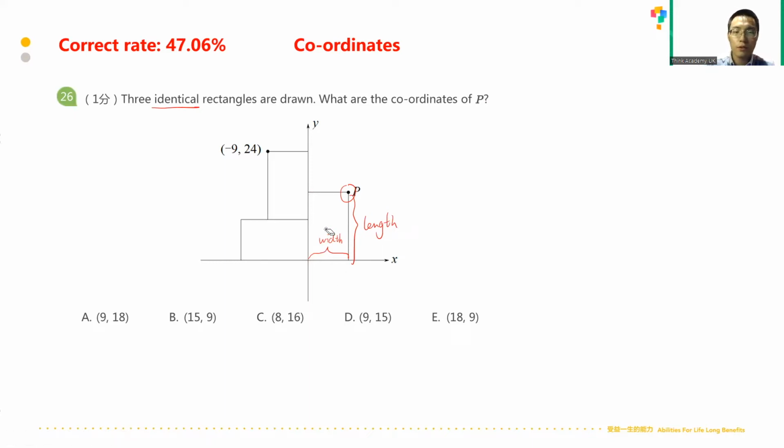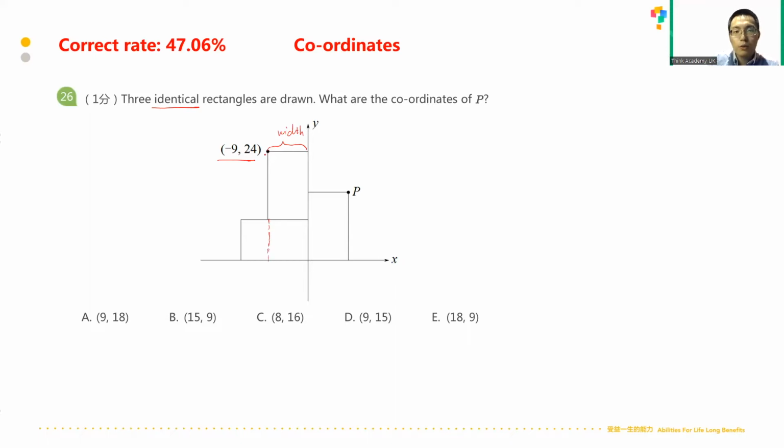I'm sure most of you already know when looking at this question again. So there is a point given to us that is known, which is -9 and 24. The -9, we don't need to bother with the negative or positive, because we only want to know the length of the width right here.